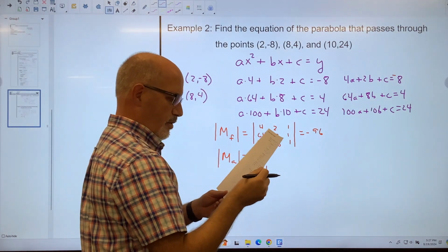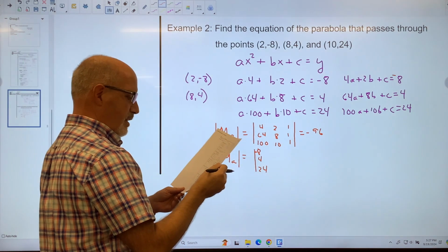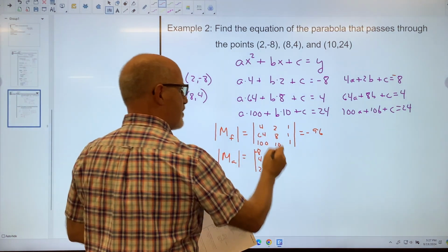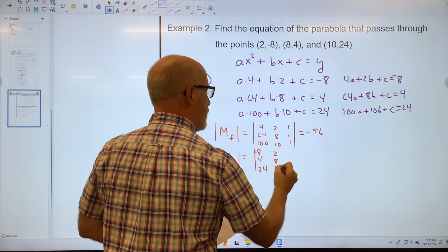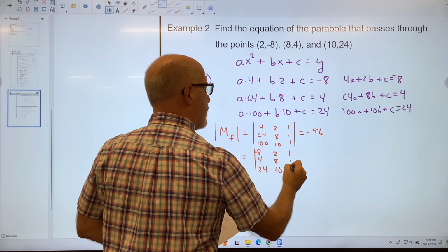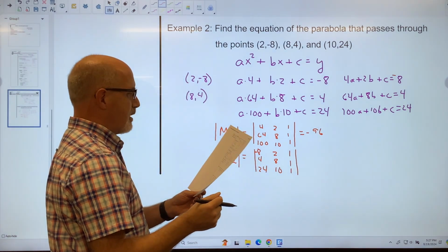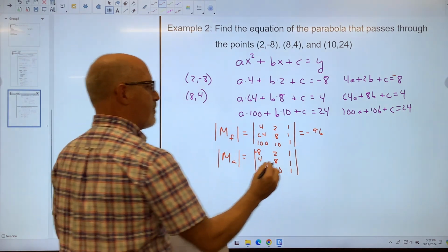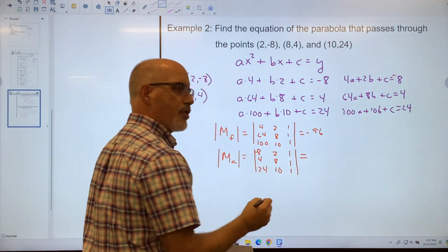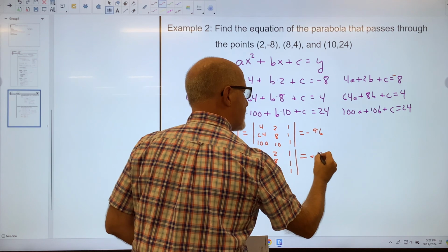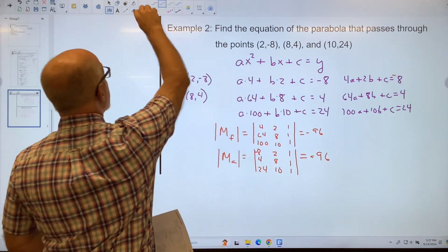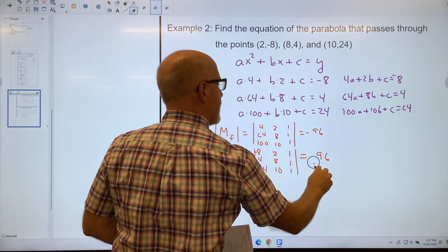So I replace that with a negative 8, 4, and 24, and then just list these as is: 2, 8, and 10, 1, 1, and 1. All right, double check that just to make sure you've got it listed correctly. And then when I do that determinant, I also get negative 96 for that.